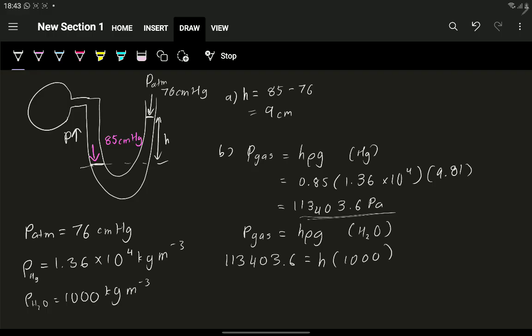So 1000 times 9.81. So the answer we will get is 11.56 mH2O. So in cm H2O, it will be 1156 cm H2O.